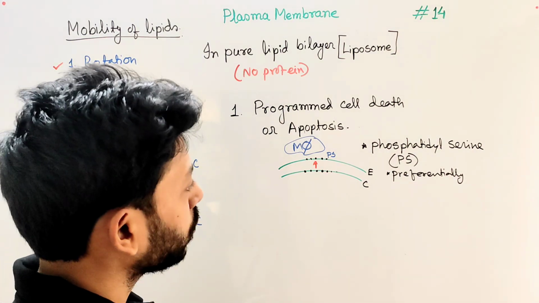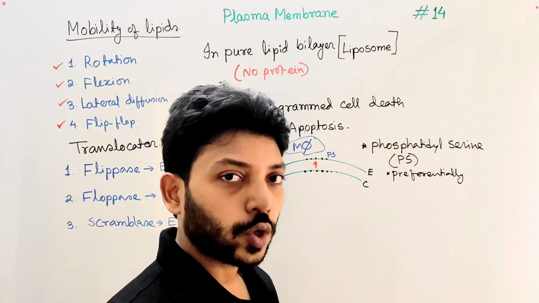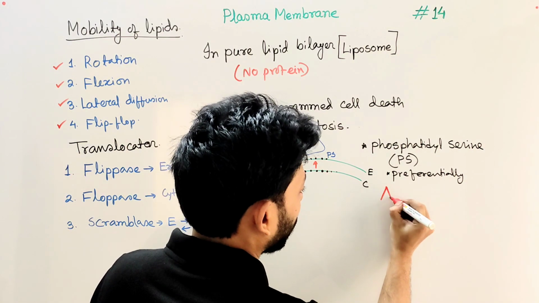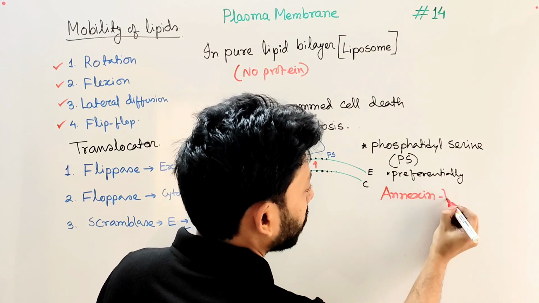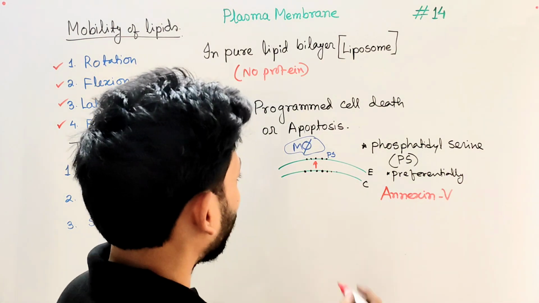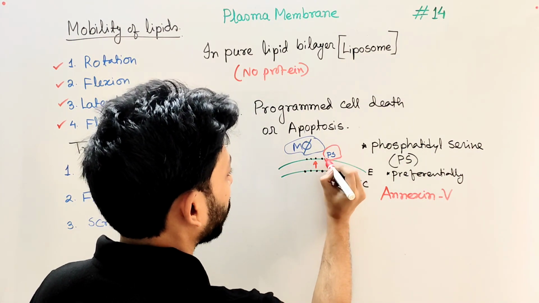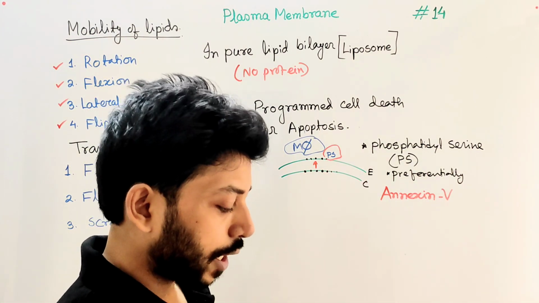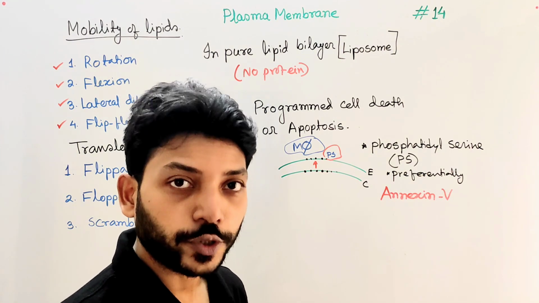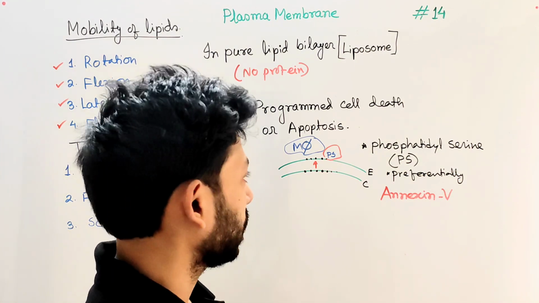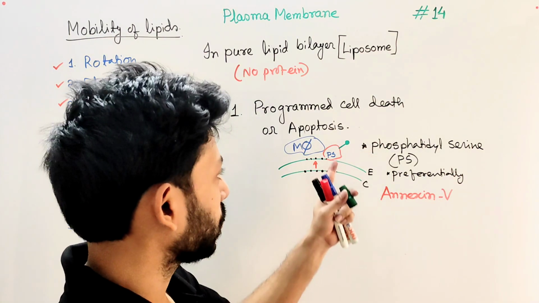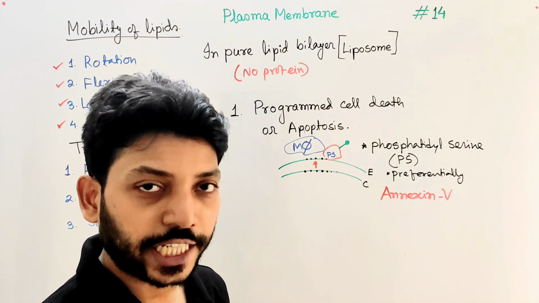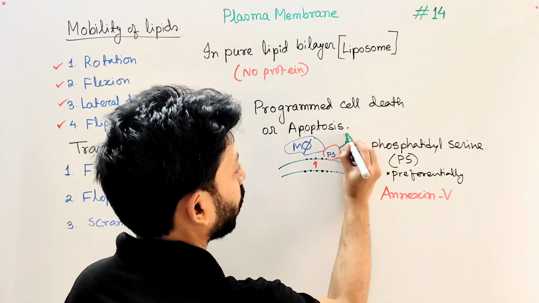Now scientists have found one protein molecule called annexin 5. This protein can bind with phosphatidylserine. Now if we tag this protein with a fluorescent dye, it can emit light. Let's suppose we have tagged this annexin 5 with a fluorescent dye called FITC.